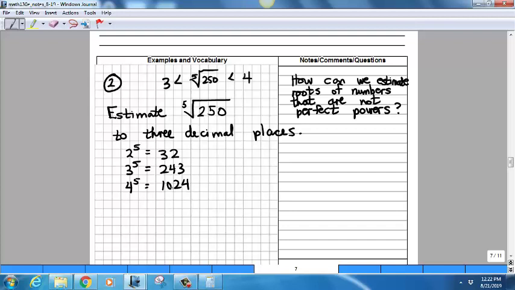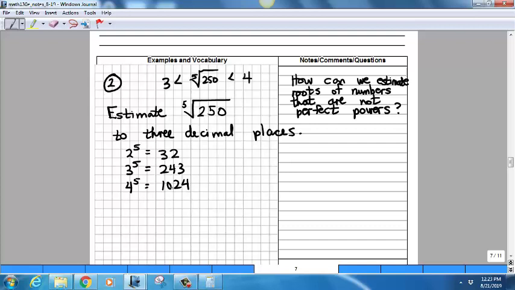All right. Could you ask that again? What would you have to resort to, to find the fifth root of 250? What would you use?